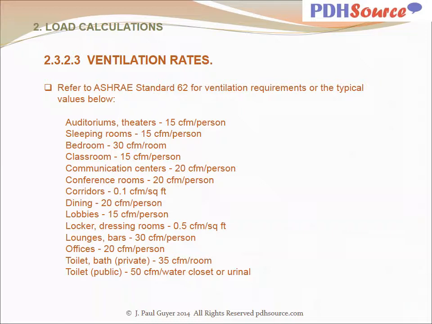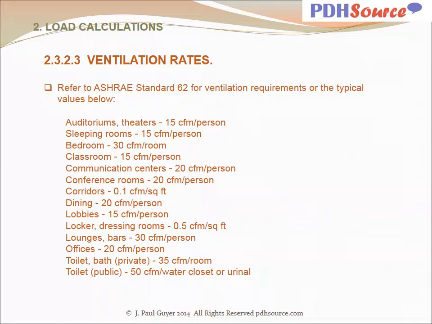Also, the ventilation rates, the air that you bring into the interior intentionally for air quality purposes. There are guidelines for that quantity. This slide here indicates some values that came probably from ASHRAE Standard 62, which is kind of the guideline publication in this area.